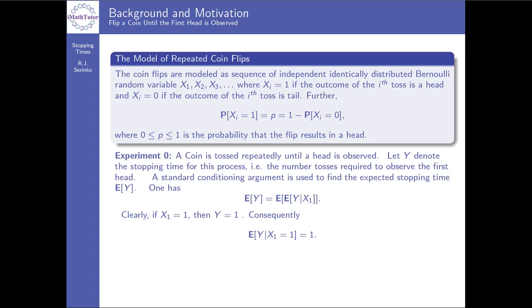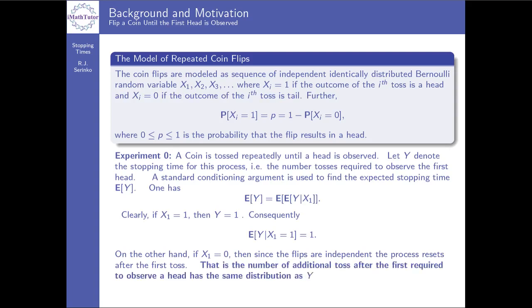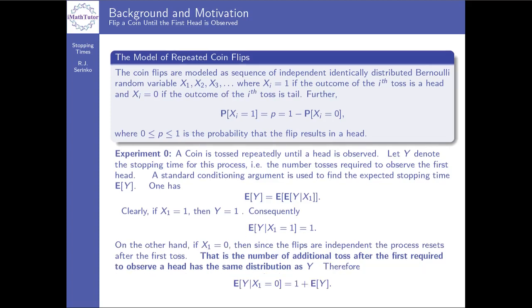Consequently, the expected value of Y given X1 equals 1 is 1. On the other hand, if you get a tail, X1 equals 0, and since the flips are independent, the process resets after the first toss. So the number of tosses after the first that it takes to observe another head has the same distribution as Y. It follows that the conditional expectation of Y, given X1 equals 0, is 1 plus the expected value of Y.